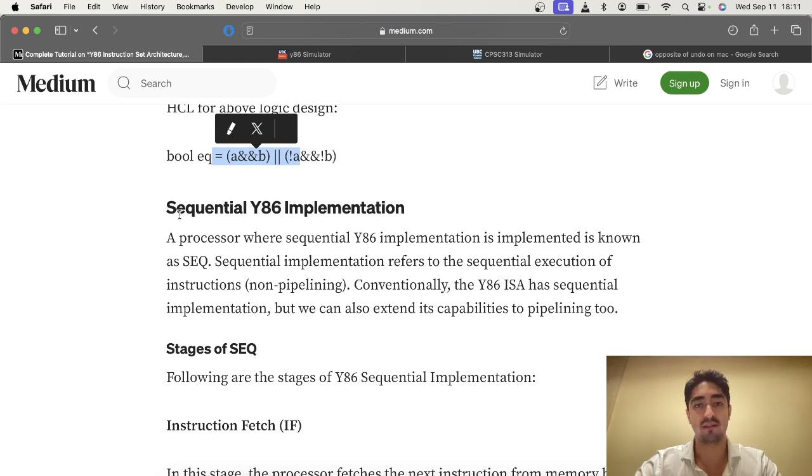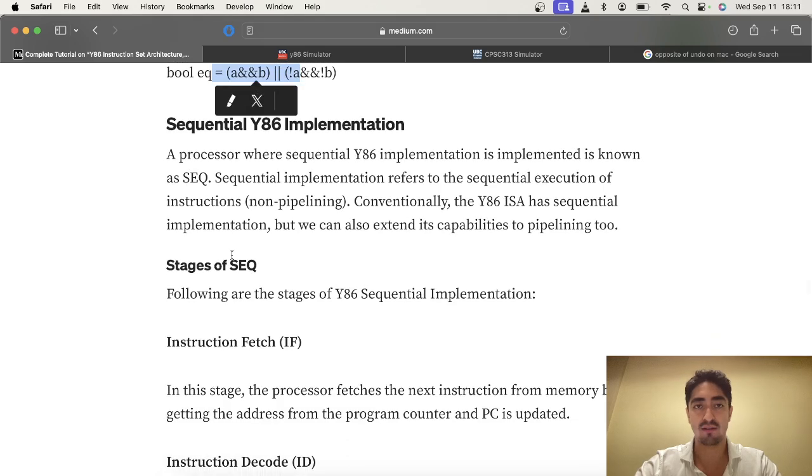Sequential Y86 implementation. A processor where sequential Y86 implementation is implemented is known as SEQ.